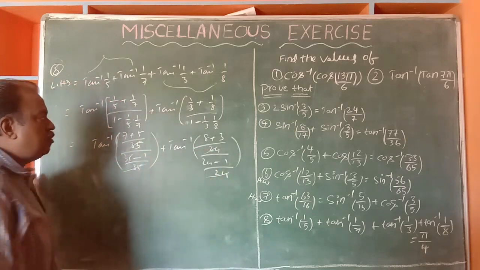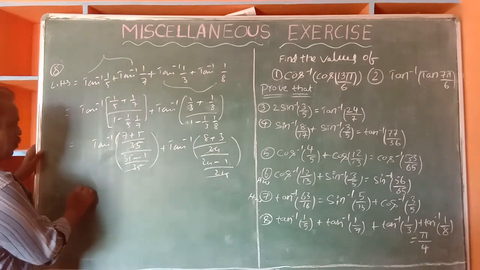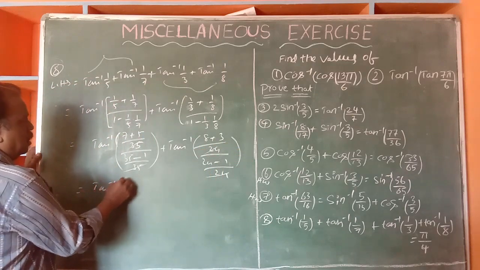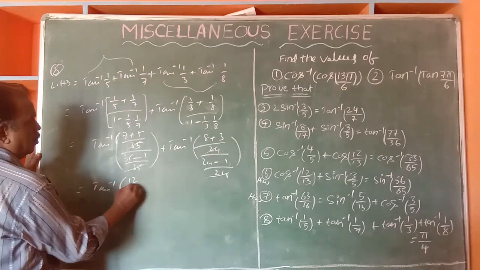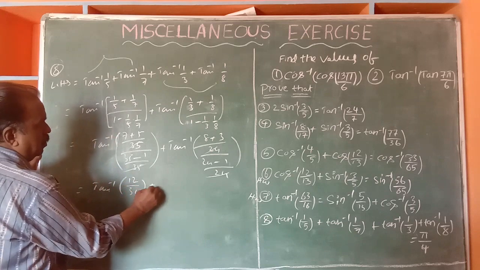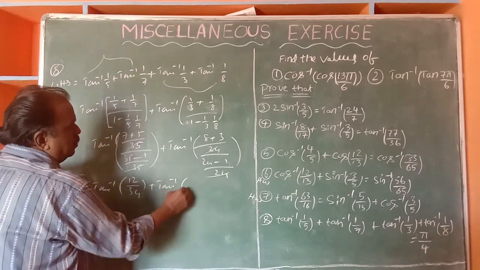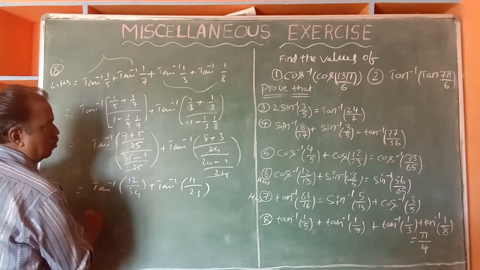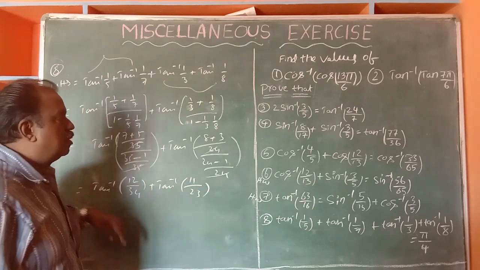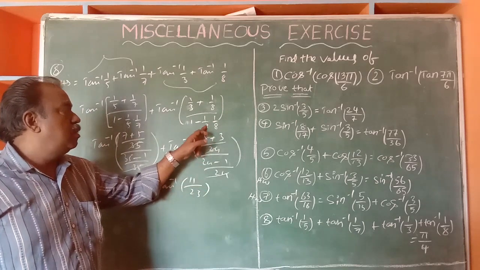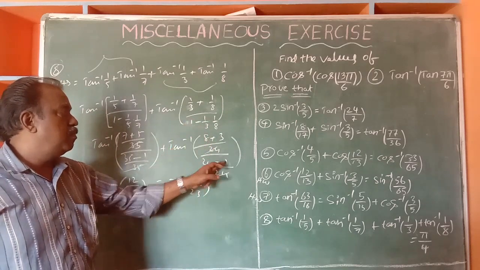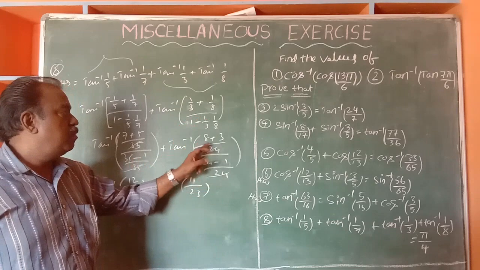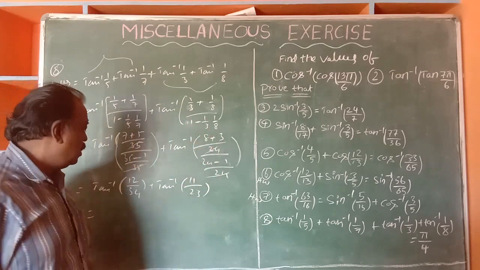Okay now? LCM. So here remained tan inverse 12 by 34 plus tan inverse 11 by 23. 24 minus 1 is 23, 24 cancels, 8 plus 3 is 11.